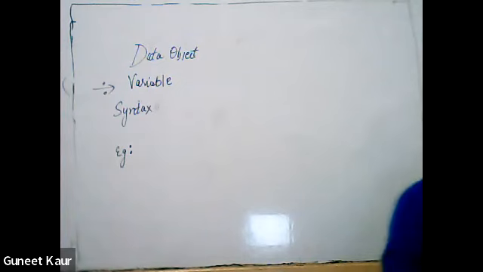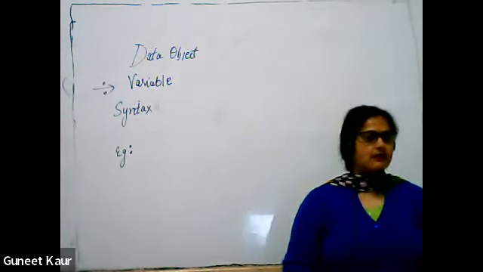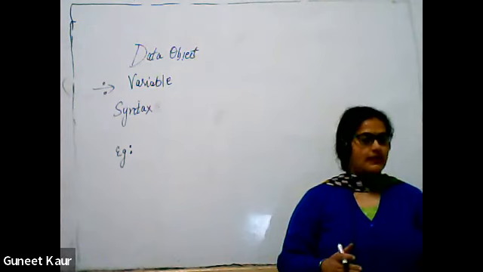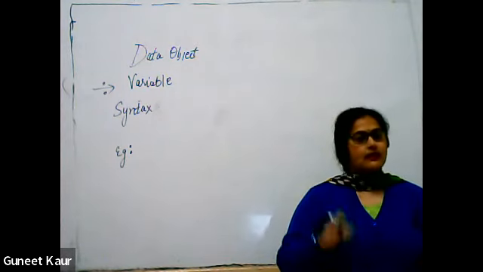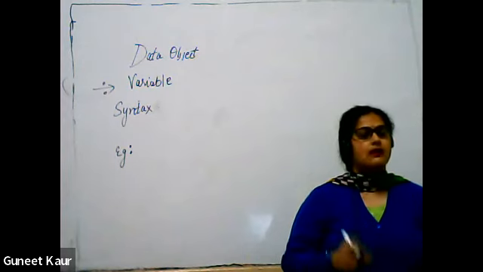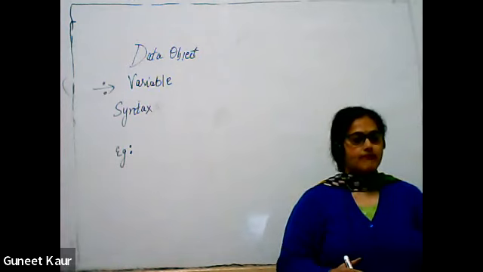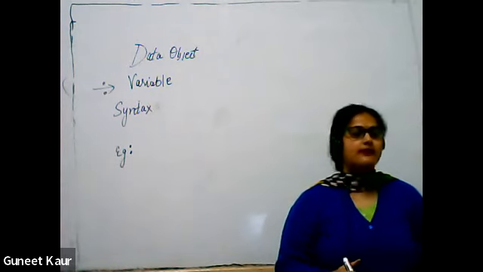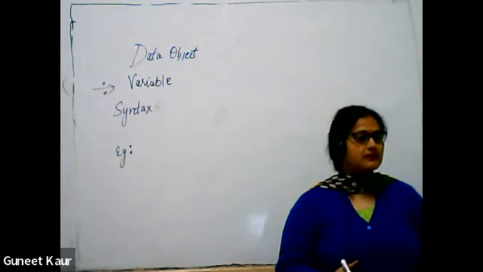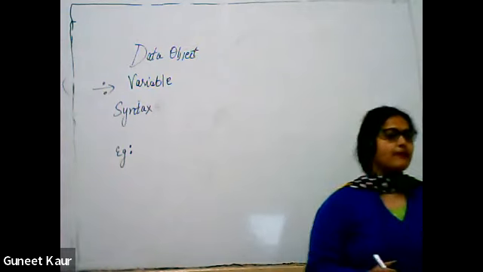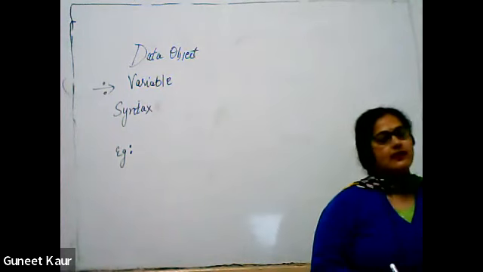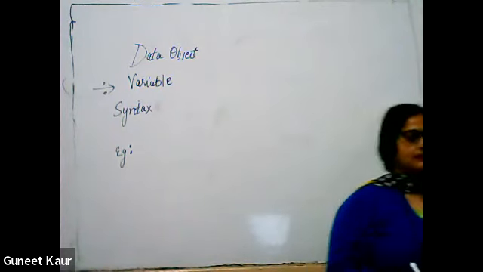So this is the biggest difference between a signal data object and a variable data object: the value is updated immediately in case of a variable, but in case of a signal it is not updated immediately.